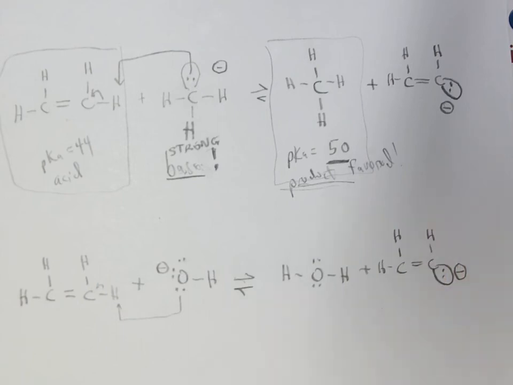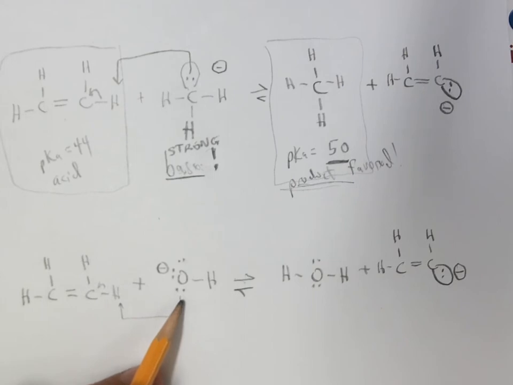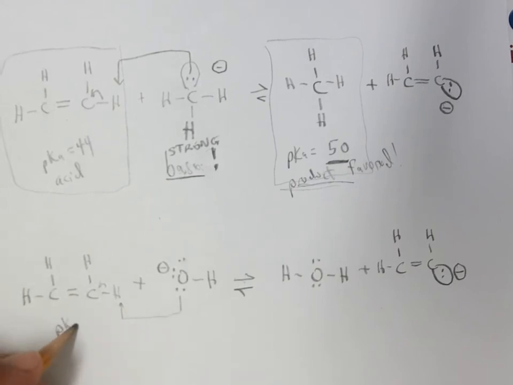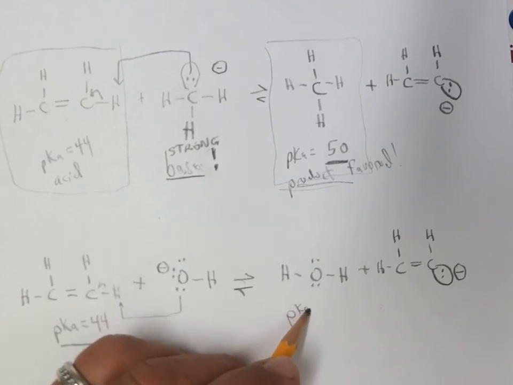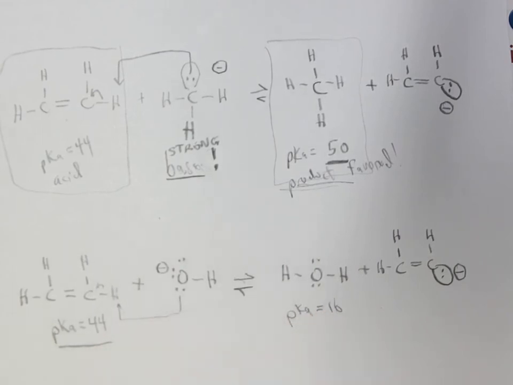Then we'd have enough base power to deprotonate this. Now, although hydroxide is by many standards a strong base, when we try to deprotonate this acid with pK equals 44, our base turns into a conjugate acid with pK equals 16.